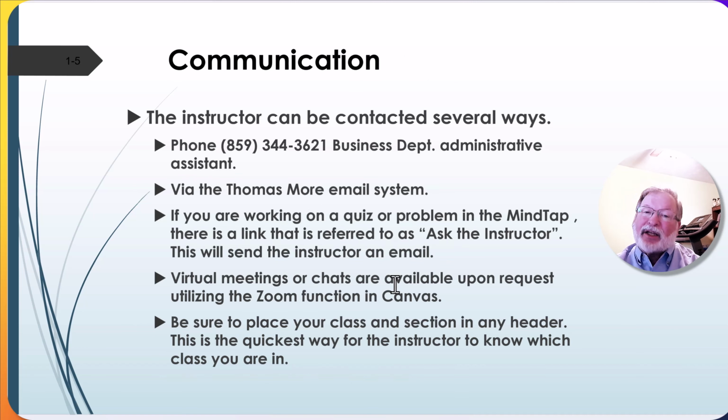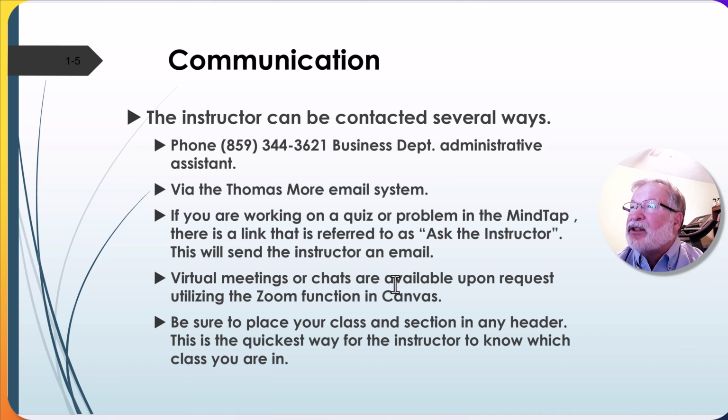How can you get in touch with me, the instructor? There is a phone number here. 3621 is the final extension. That is the phone number of my administrative assistant. She knows where I am and she can connect me. Probably the best and easiest way is to connect with me through Thomas More's email system.